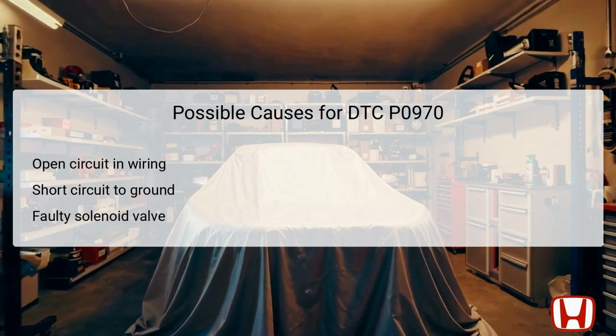Similarly, a faulty solenoid valve itself may contribute to this DTC, as internal issues within the valve can lead to erroneous pressure readings that the PCM detects as a fault. Lastly, poor connections or corrosion at terminals can also cause issues that interfere with the operation of the solenoid, leading to the DTC being triggered. Careful inspection of these elements will aid in accurate diagnosis.